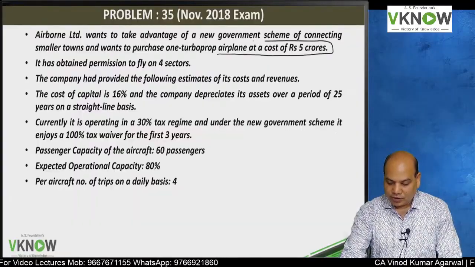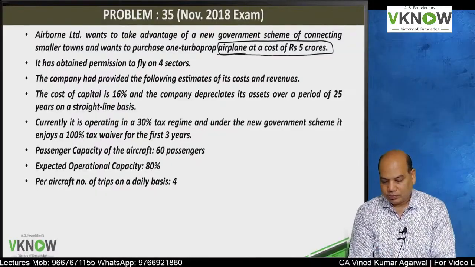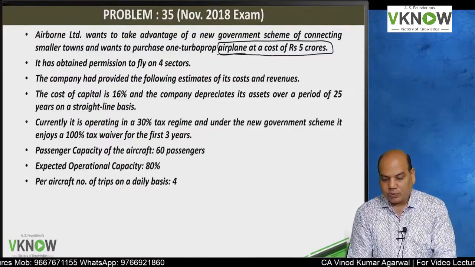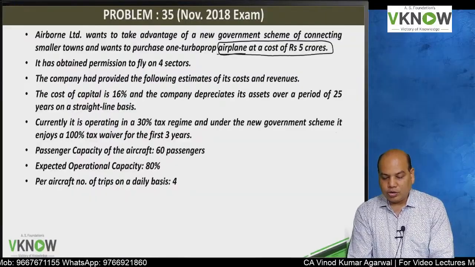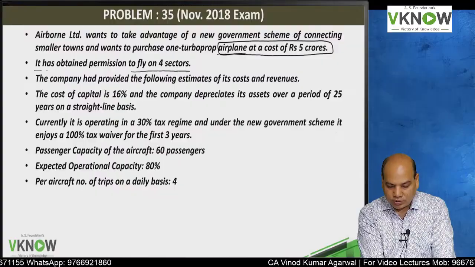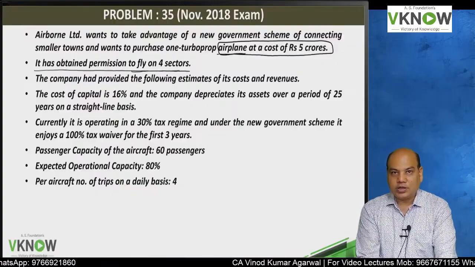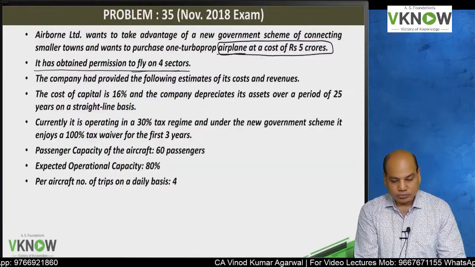Initial investment is 5 crore. It has obtained permission to fly on 4 sectors. This will not impact my answer. The company had provided the following estimate of cost and revenue.